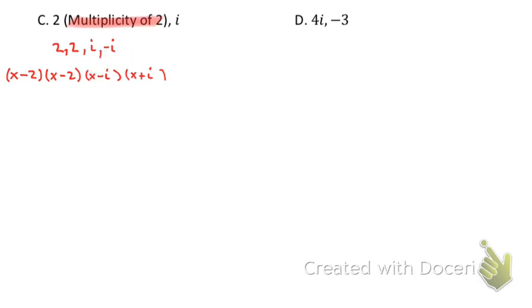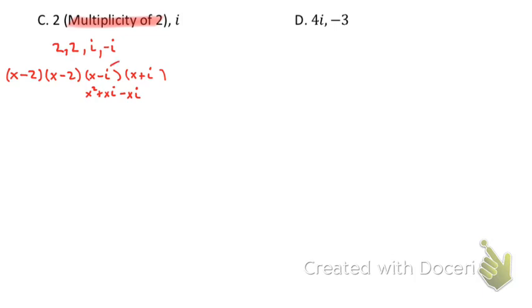So multiply that out. x times x is x squared. x times i is positive xi. Negative i times x is negative xi.